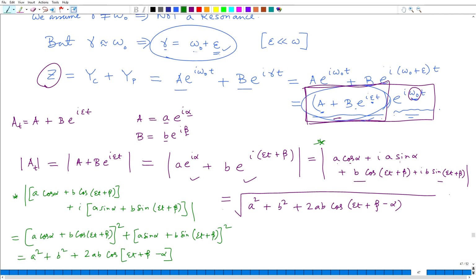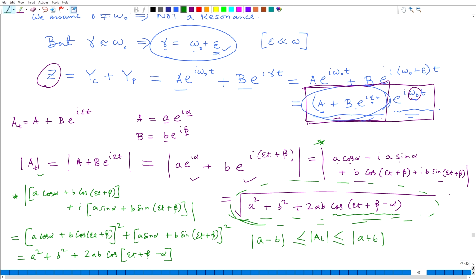So, now if you have this, then what is the maximum and minimum value of this amplitude? Of course, one can easily understand that mod A(t) will be running between mod A minus B and mod A plus B, because when this cos value is maximum, that is plus 1, then this whole thing will be A plus B, because this will be root over (A plus B) whole square, and you will have mod A plus B. Okay.